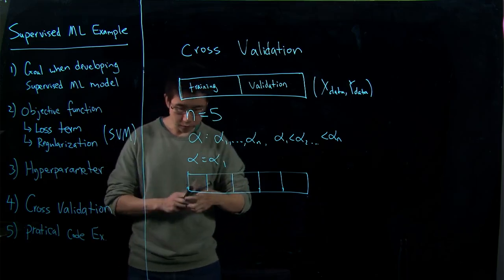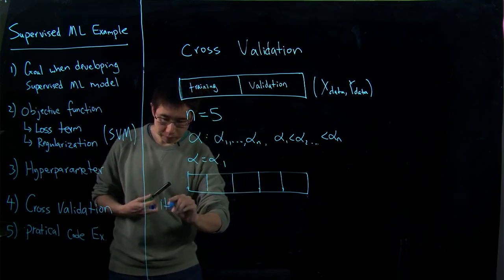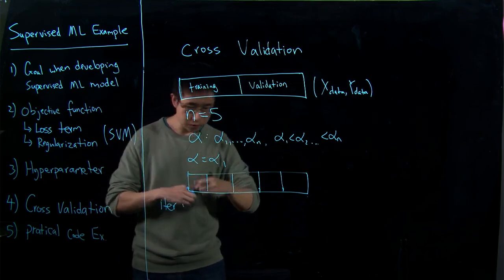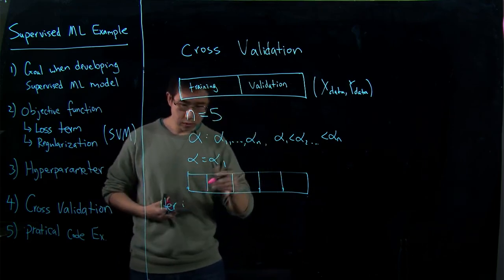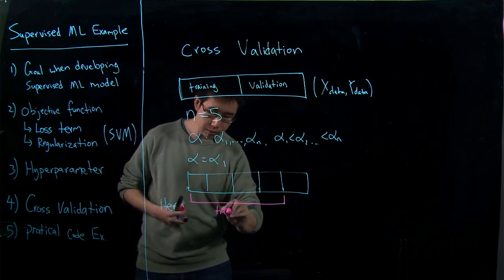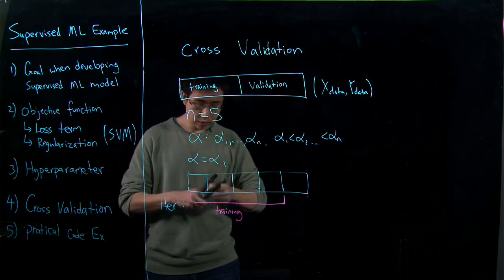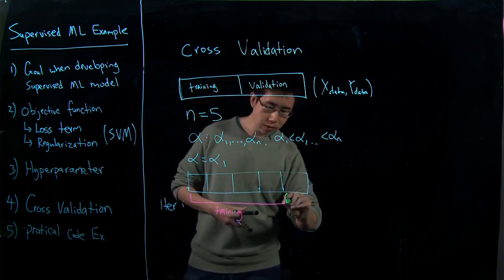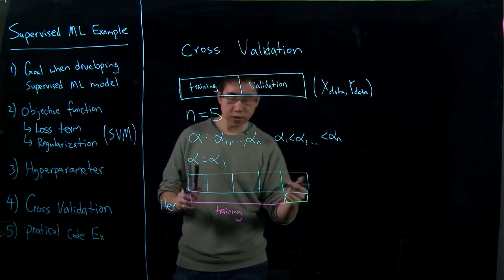So for iteration 1, we will use, let's say, the first 4 segments as our training data, and then the last segment as the validation set, which is essentially the test data set.